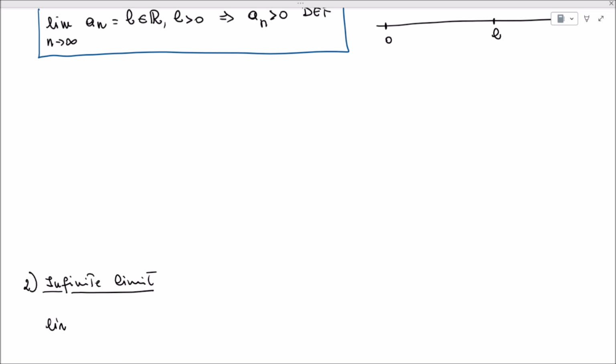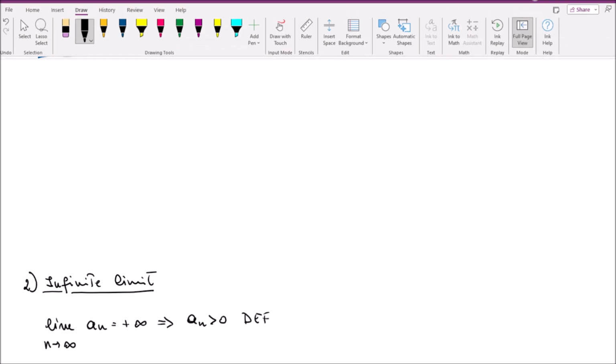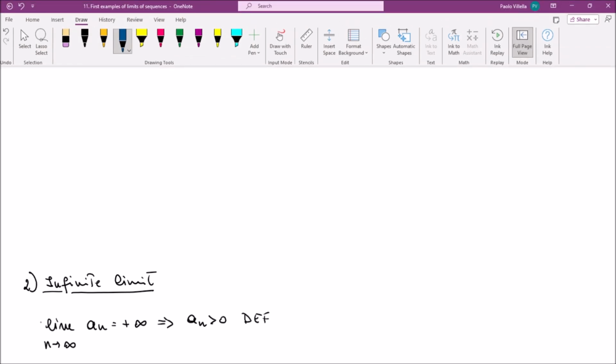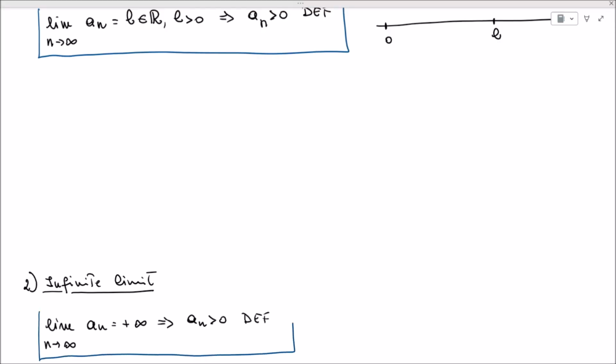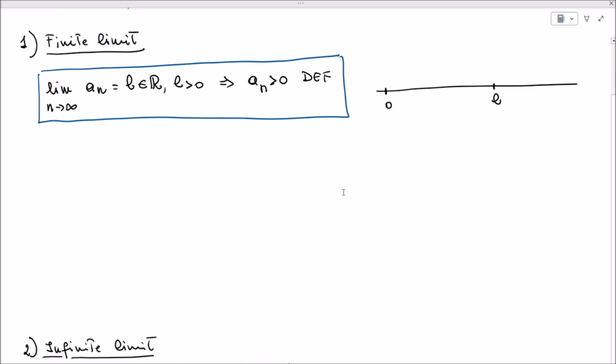If the limit of an for n that goes to infinity is equal to plus infinity, then an is going to be larger than 0 definitively. So it is pretty similar to the other statement, but this is valid now for a divergent sequence. So let's start with the first one and give a proof of the first one.